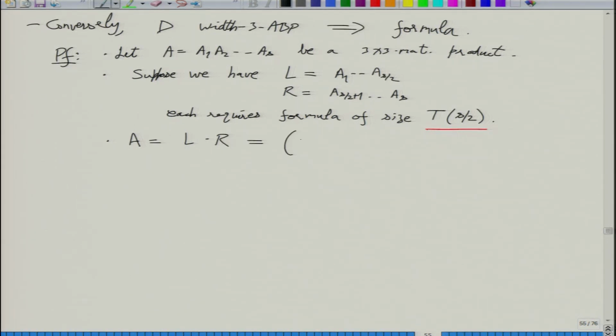Because you have these 9 things here and 9 things here. So there are 18 polynomials, and for each of these polynomials you have a matrix product.